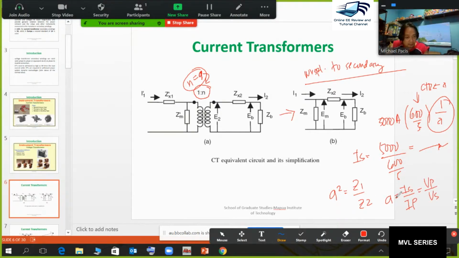But this is different when it comes to the current transformation ratio, because your A here is 1 over N now. IS is IP over A. You can see it on the next few slides. In this case you want to transform your parameters here. Please take note, your A now is equal to 1 over N.